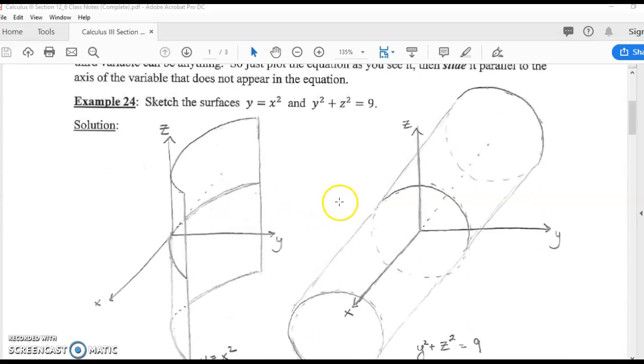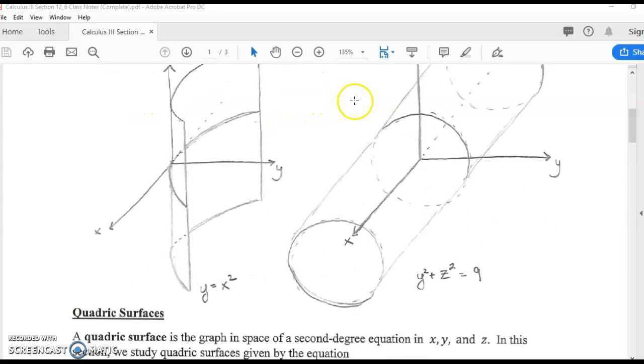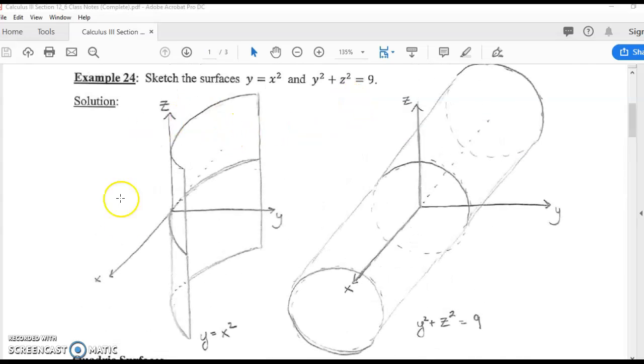For example, let's sketch the surfaces y equals x squared and y squared plus z squared equals 9. So first of all, let's look at y equals x squared. I first have to sketch y equals x squared, which in the xy plane is this. And you've got to remember, we're looking down on this at almost a 45-degree angle from the first octant, looking down towards the origin.